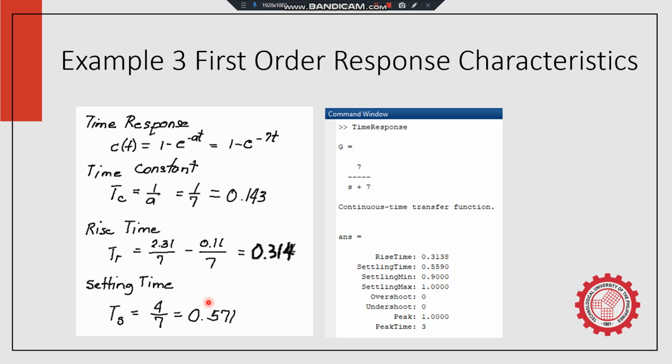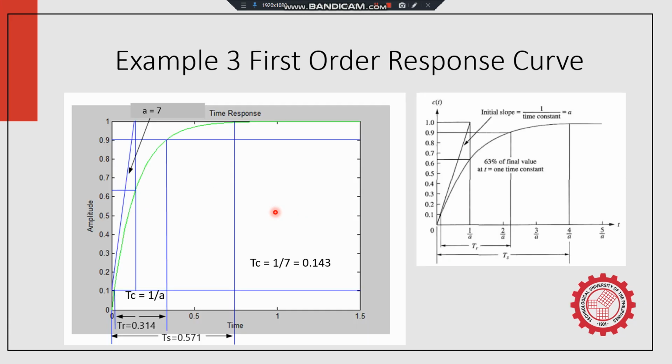For the settling time, 0.571 versus 0.559, so there's a slight difference, but that is still acceptable. Actually, there's no time constant reported here, but that is 0.143, and we could verify that from the graph.